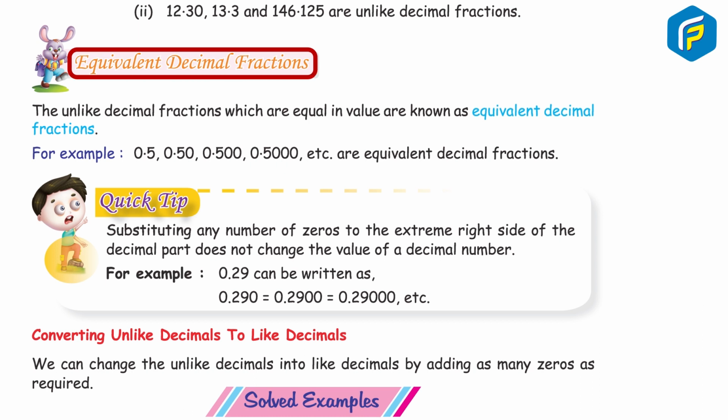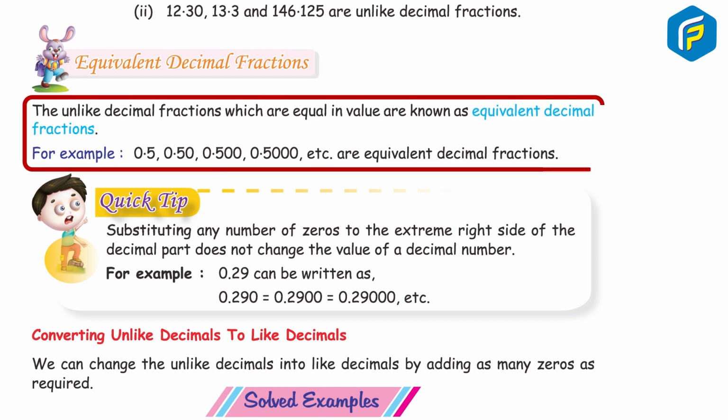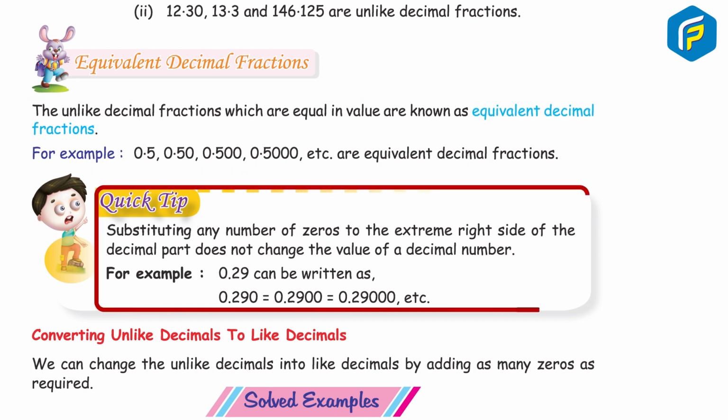Equivalent decimal fractions. The unlike decimal fractions which are equal in value are known as equivalent decimal fractions. For example, 0.5, 0.50, 0.500, 0.5000, etc. are equivalent decimal fractions. Quick tip: adding any number of zeros to the extreme right side of the decimal part does not change the value of a decimal number.